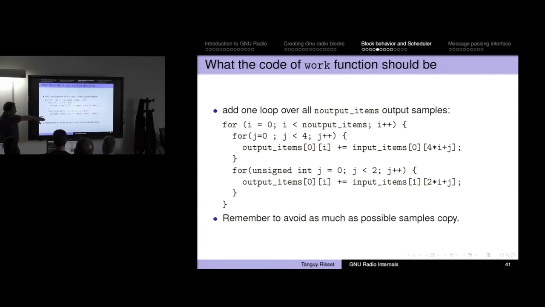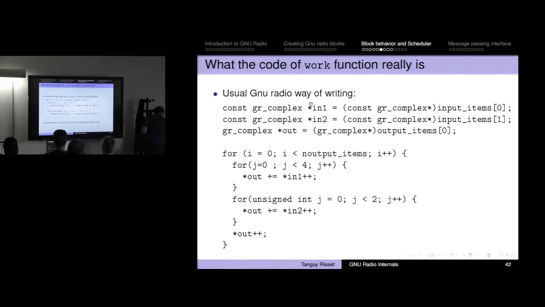So if everybody understands this code, everybody should understand this one too, which is the usual way we write the code in GNU Radio. You basically have an alias: you put a pointer on each input stream and a pointer on the output stream, and you use this increment notation to consume the items.